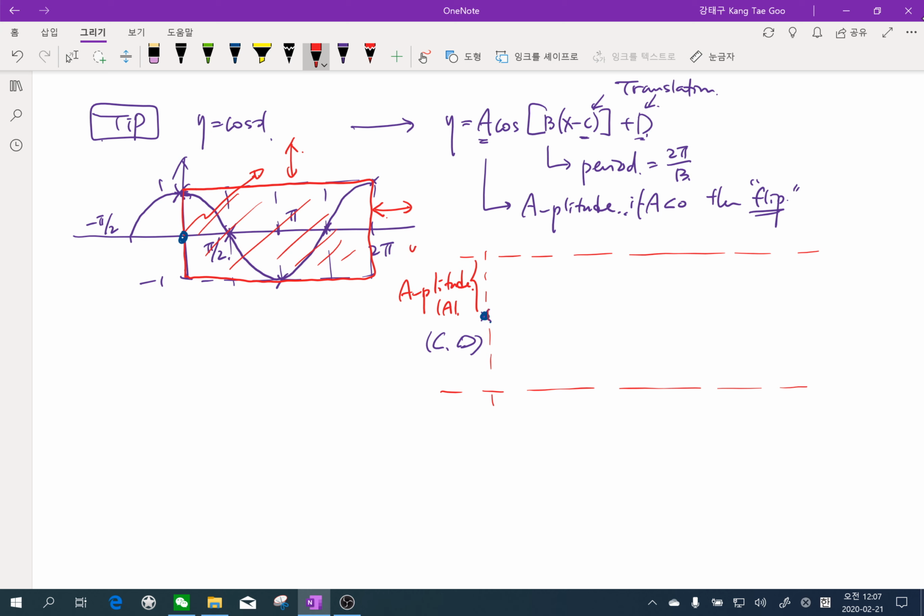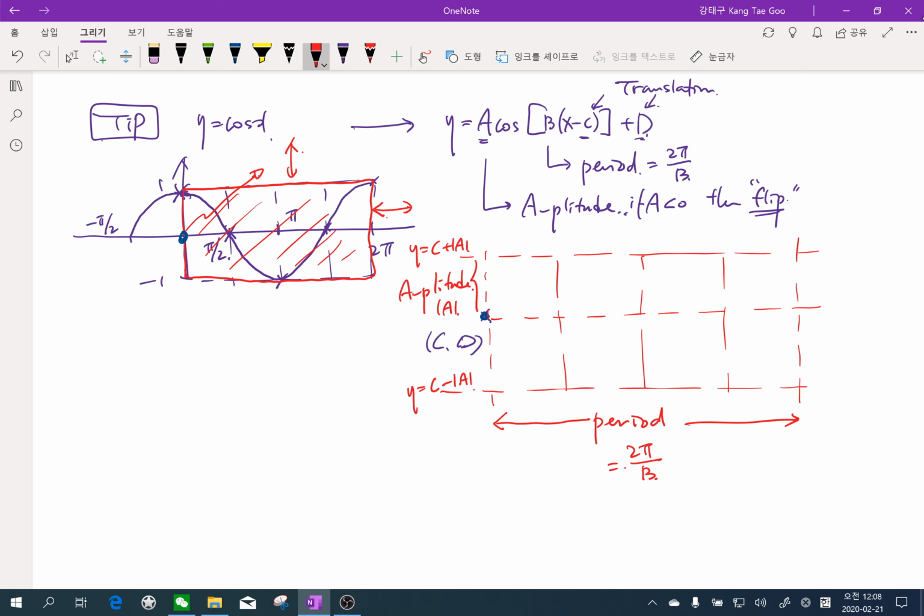So this side is y = d plus the absolute value of a, and this side is y = d minus the absolute value of a. The middle is the midline, and this is your right bound. This length is your period, 2 pi over b, and then you divide it into 4 regions.